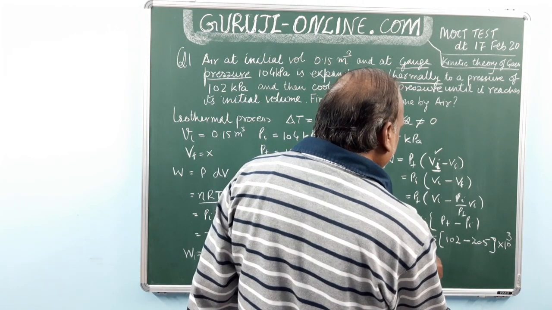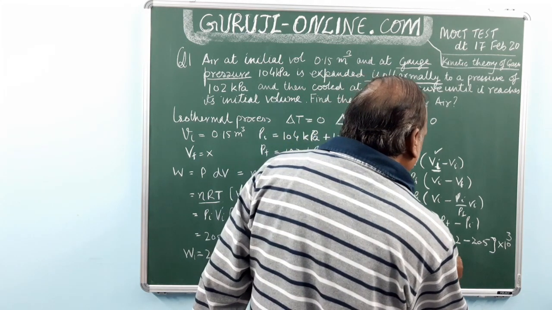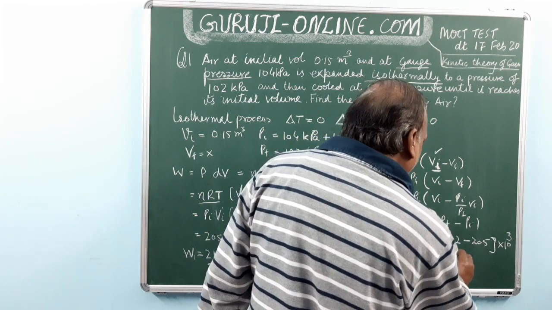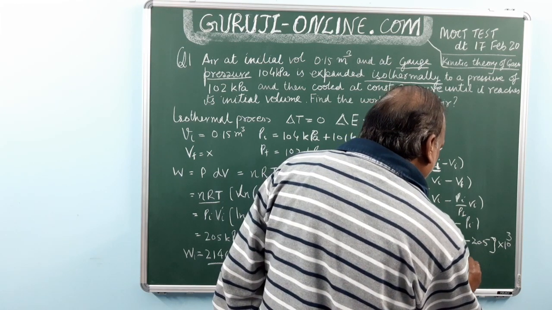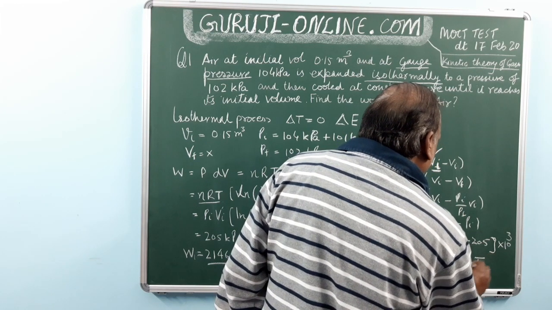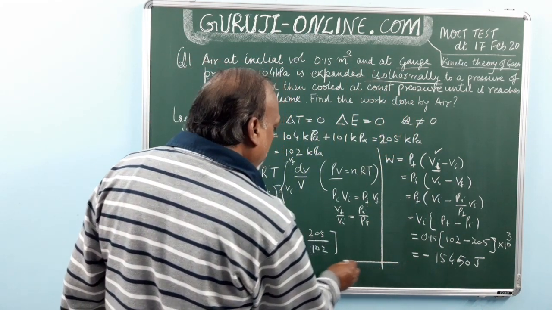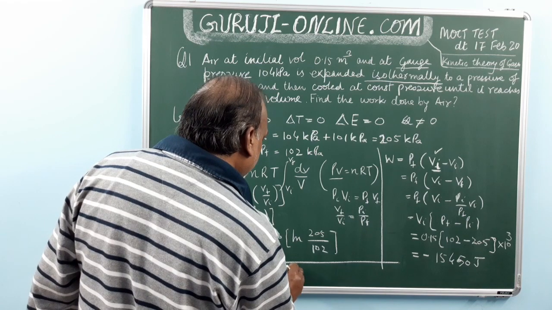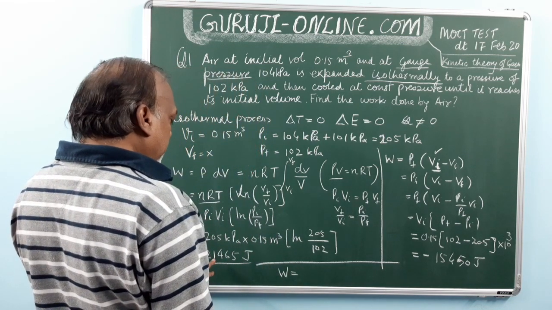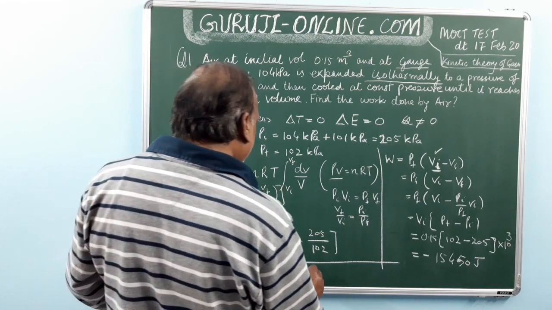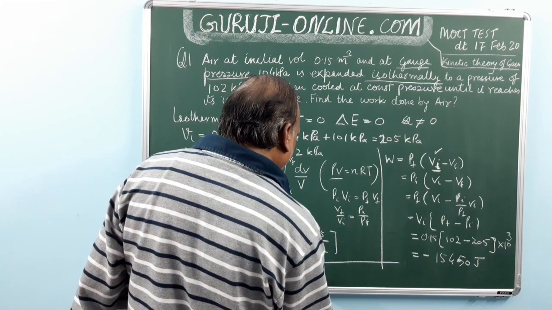So this will give you minus 15450 joule. So the net work done will be nothing but this minus this, and this will come as 6,015.